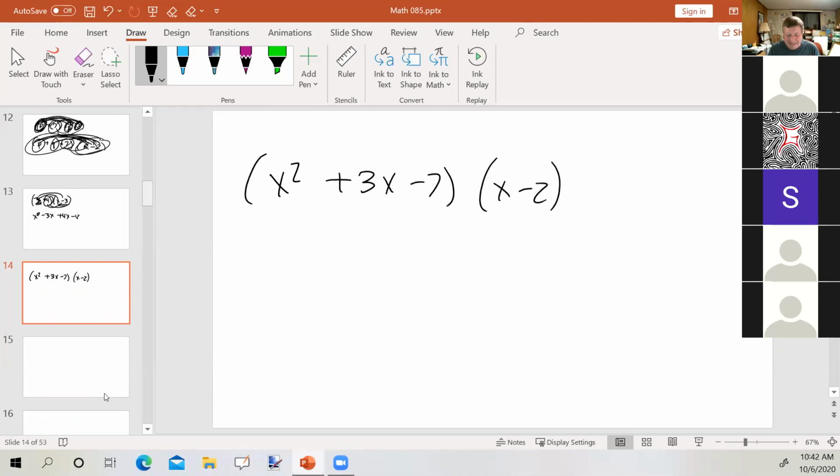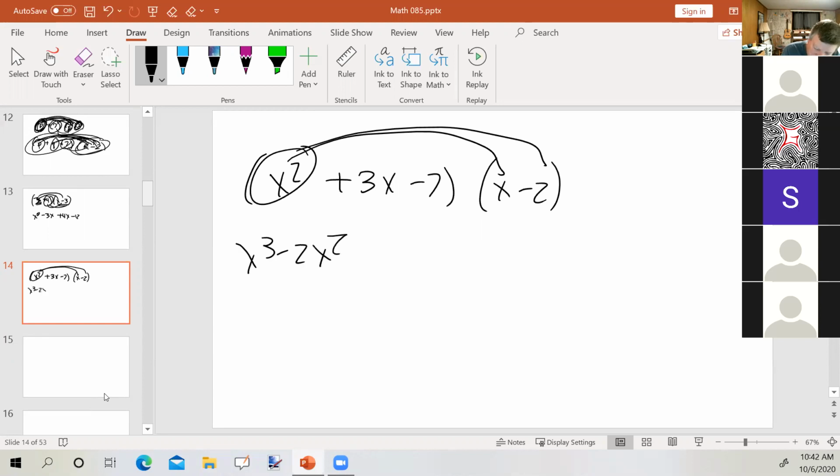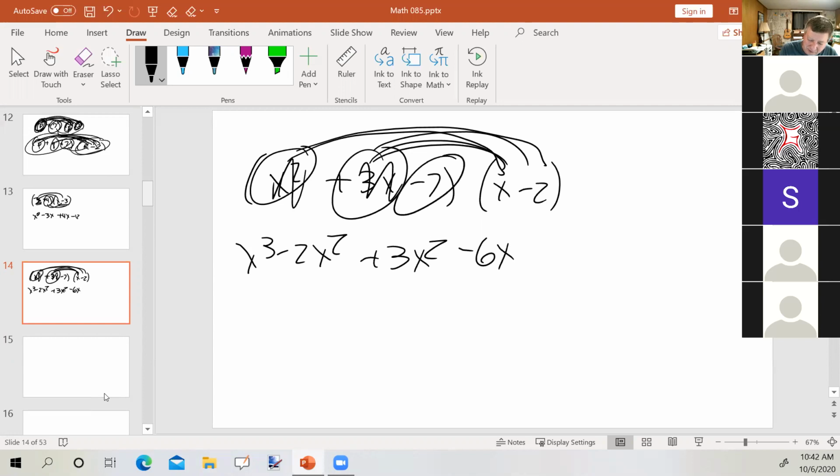Well, the idea is there, but I don't have 4 terms. I've got 6 of them. So I'm going to take this first one times everything, x cubed minus 2x squared. Then this next one times everything, plus 3x squared minus 6x. Then this third one times everything.